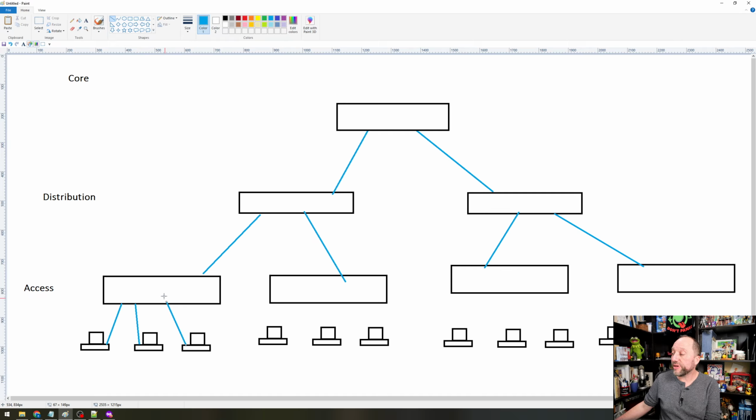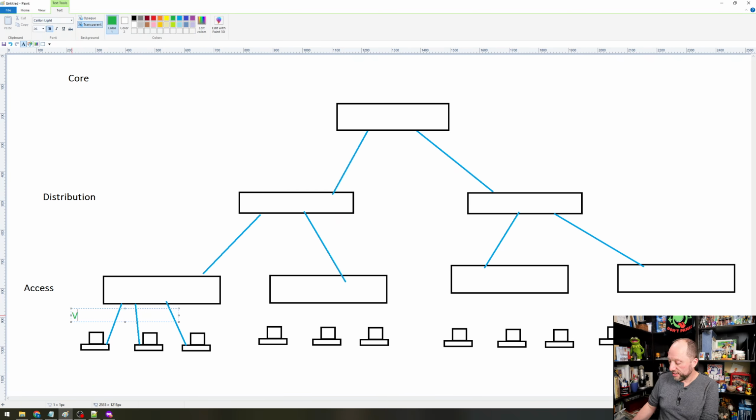Okay, but let's say that all the computers over here are in whatever set of networks, and their default gateway is on that access switch that's right there. Default gateway is the first router you come to. So maybe they're all in, pick a color here, VLAN 10.